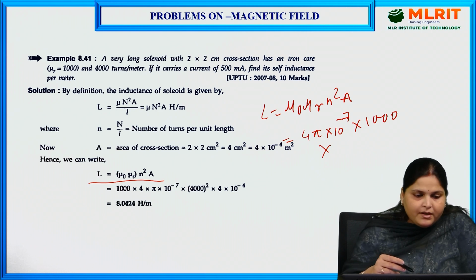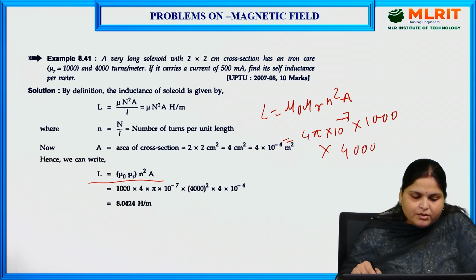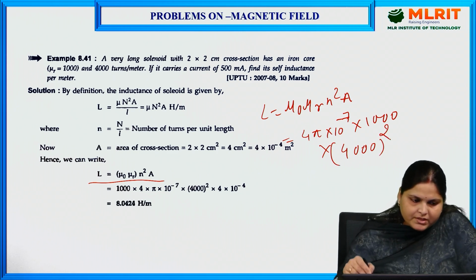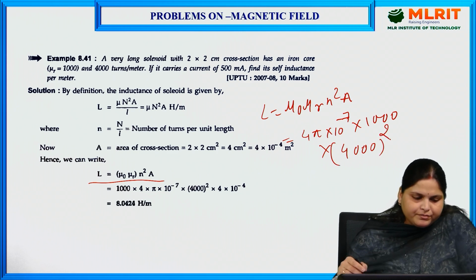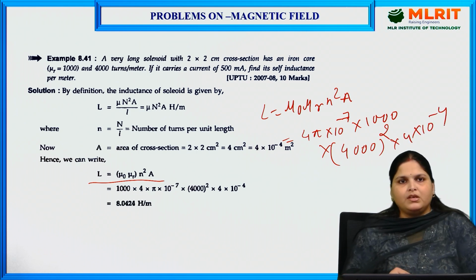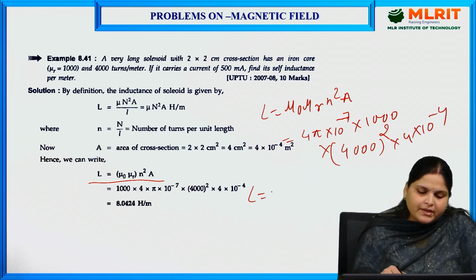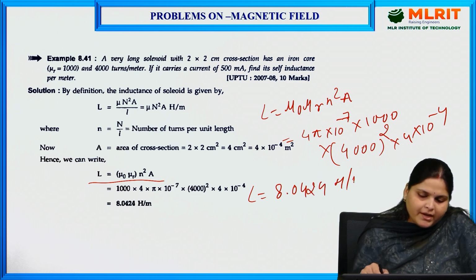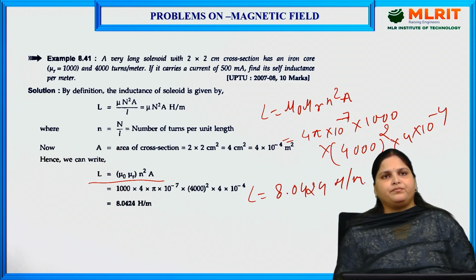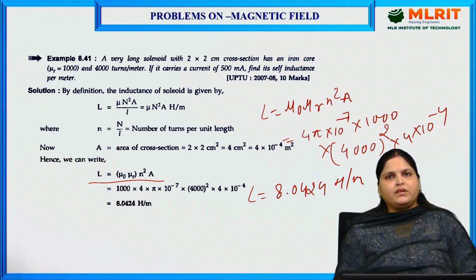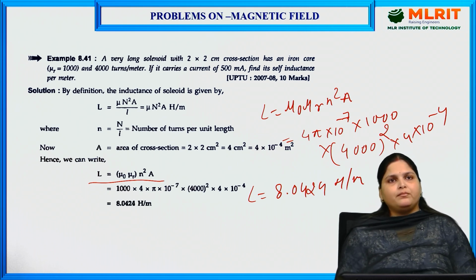The turns per meter are given as 4000, so 4000 square, and the area is 4 into 10 to the power minus 4. When we solve it further, we get L is equal to 8.0424 Henry per meter. This is the self inductance of the solenoid per unit meter length.